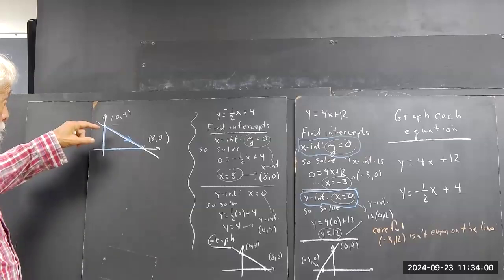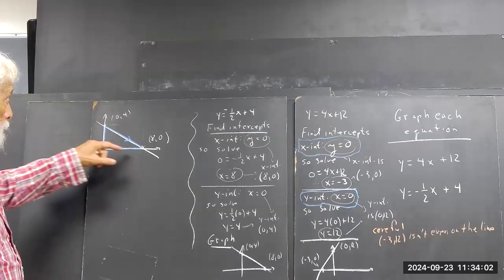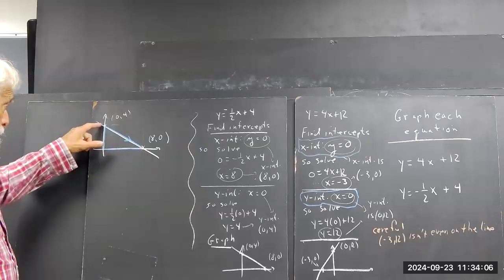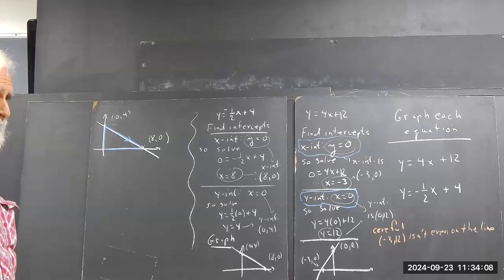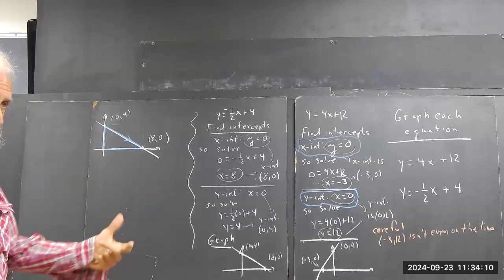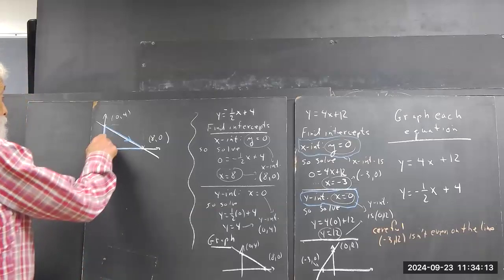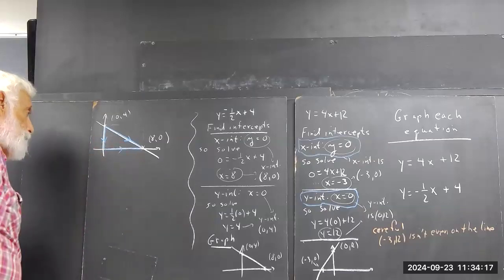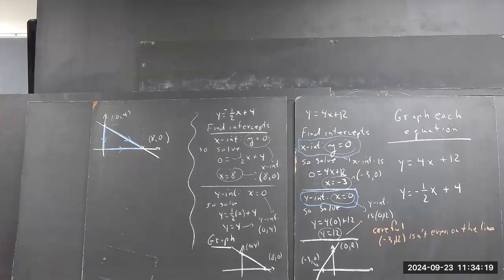Well, we could go from here to here, here to here, and get from this point to this point eventually. But the most direct path is just this. Right. Makes sense?